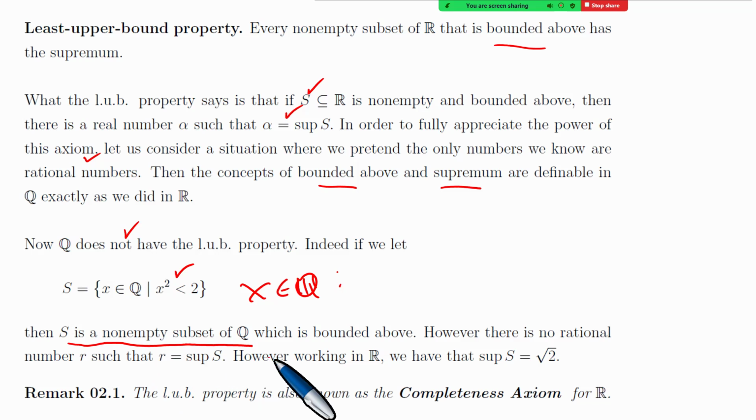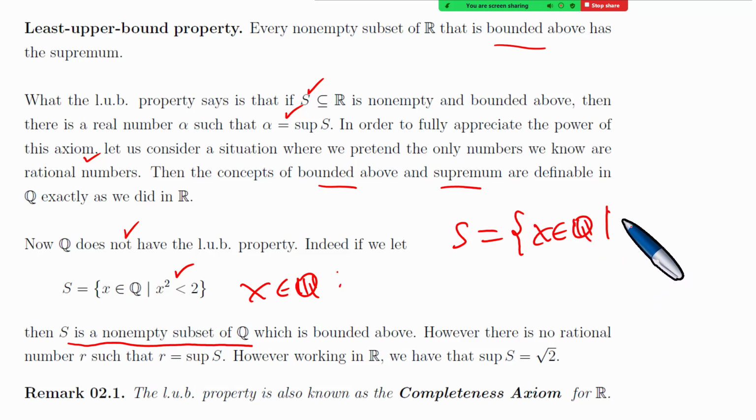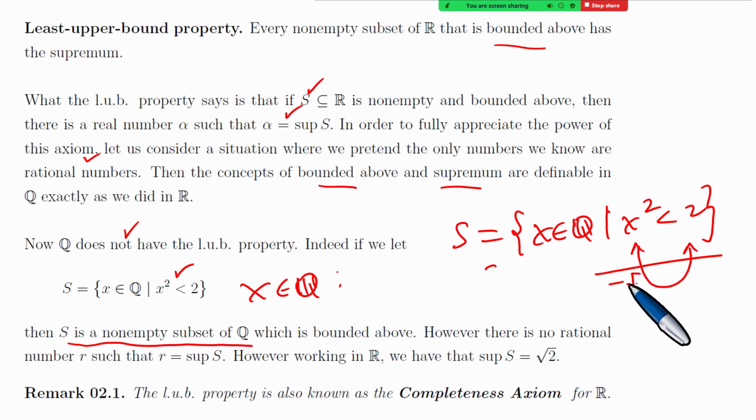Okay, let us reason together with the author. We're just looking at this set and we're interested in finding its supremum before we move on. Now the question is, what then is the supremum of this set? However, working in R, we have got the supremum. Because if x squared is less than 2, we can have the quadratic like this.